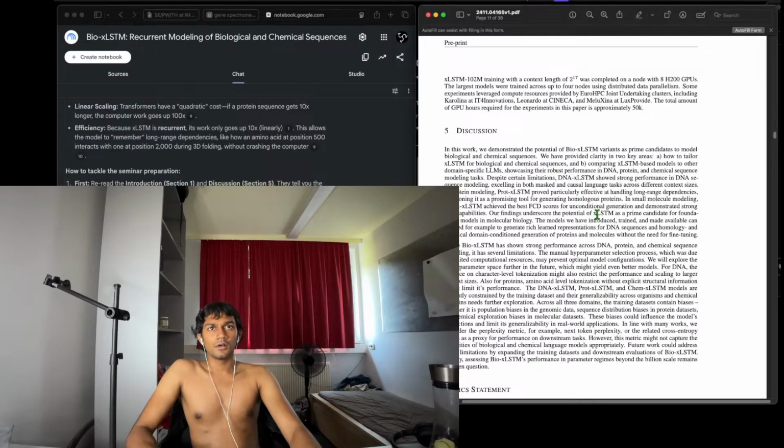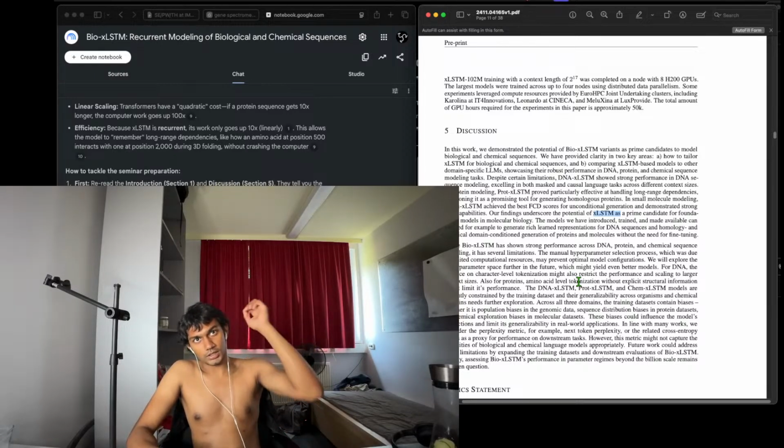So, xLSTM has the potential for conditional models in molecular biology. The models we have introduced, trained, and made available can be used, for example, to generate rich learned representations of DNA sequences and homology and chemical domain conditioned generation of proteins and molecules without the need for fine-tuning.